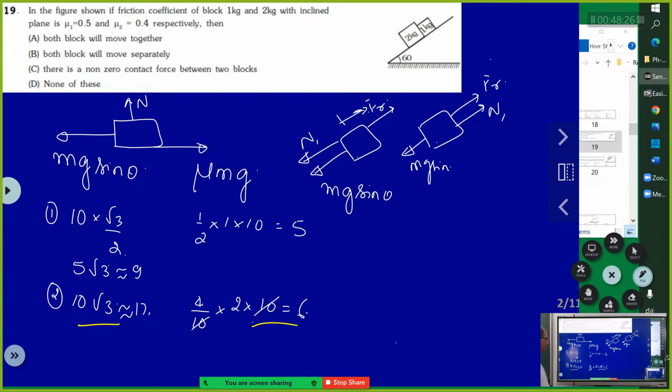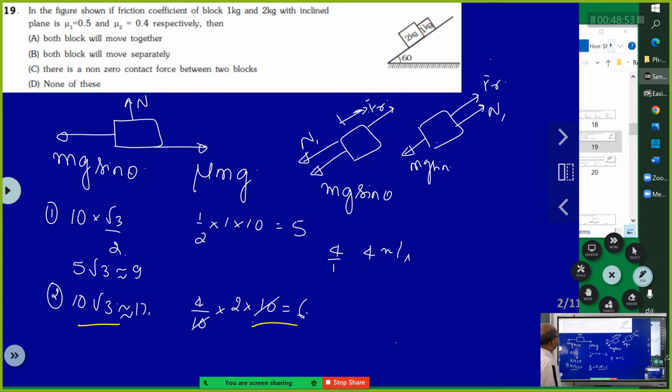What will be the net force? Sorry, for the 1 kg mass I have calculated: 9 minus 5 is 4, so the net force is 4, and 4 divided by 1, the acceleration is 4 meters per second square.